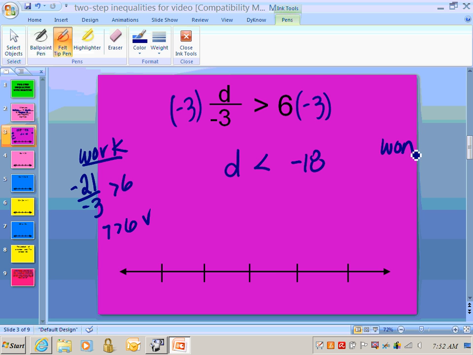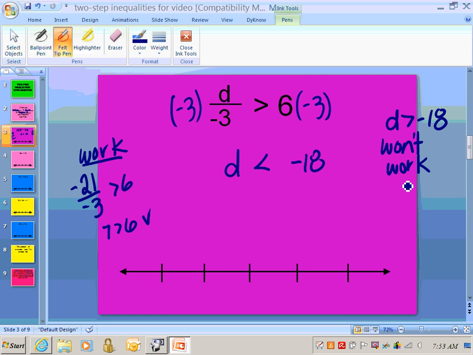Here's how it won't work. If I hadn't flipped the sign, that would give me D is greater than -18. So let's choose a number greater than -18.